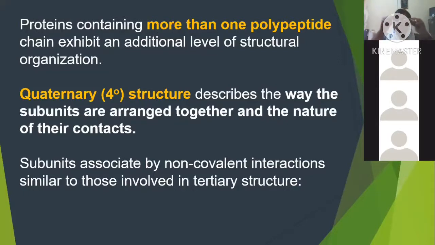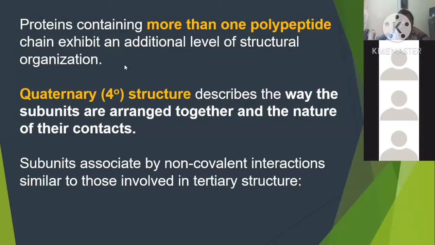Both chains are held together via disulfide linkage, right? So a protein can have not just a single polypeptide chain but more than one. Proteins containing more than one polypeptide chain exhibit this additional level of structural organization.